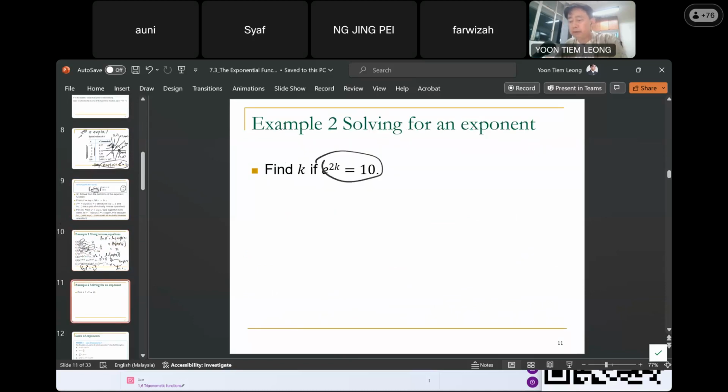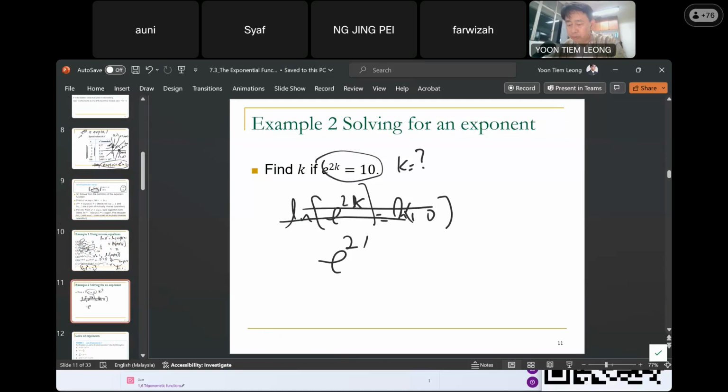This is a very typical question. You have an exponential function e raised to the power of 2k equal to 10, and you are asked to find what is k. The way you do this is to take the log on both sides. Let me write it down. So this is an equation.